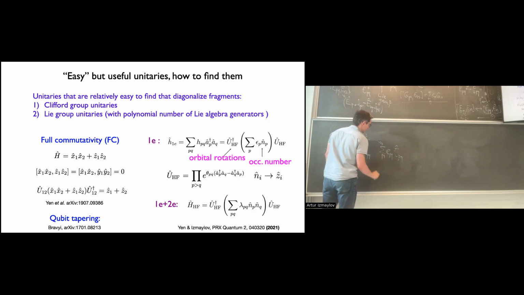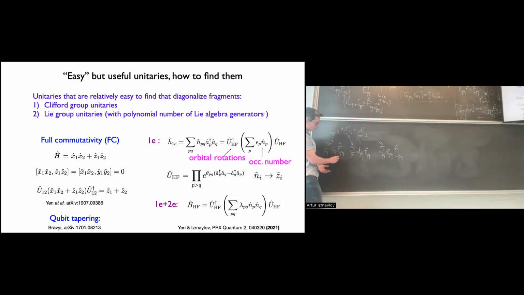But then you realize this will be incorrect in the sense that if you multiply this operator with this operator in operator space, this is operator space, this is matrix space, right?